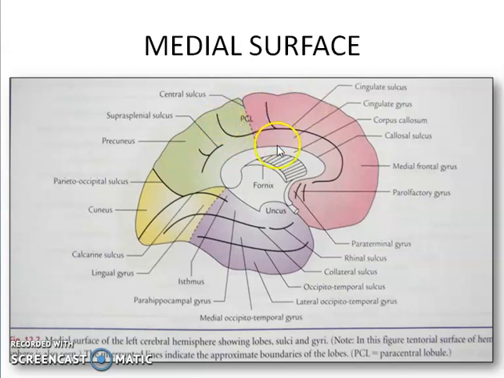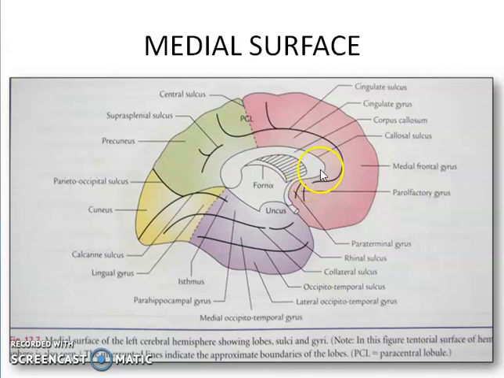The area which is between the cingulate sulcus and corpus callosum is called the cingulate gyrus. Just in front of the cingulate sulcus there are two gyri, called the para-olfactory gyrus and the paraterminal gyrus.